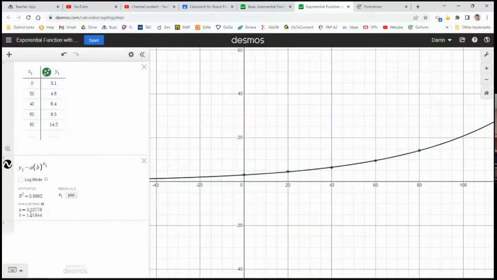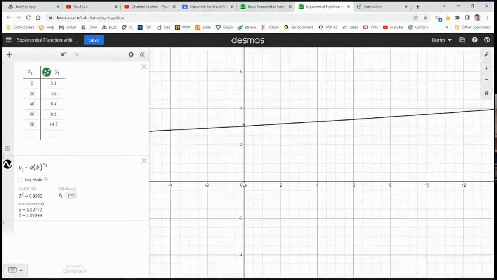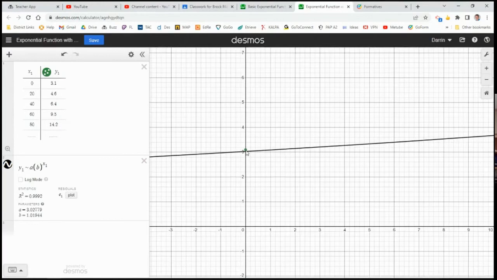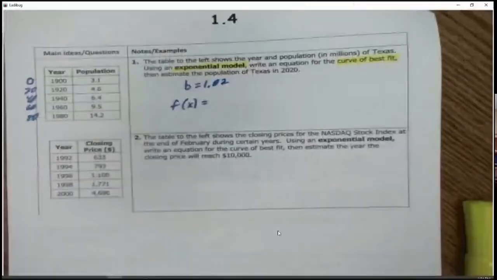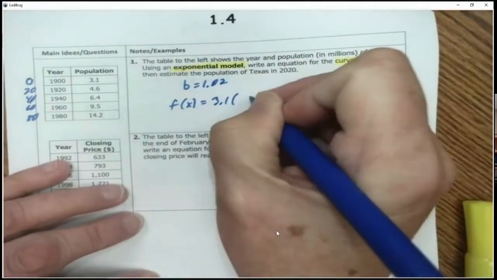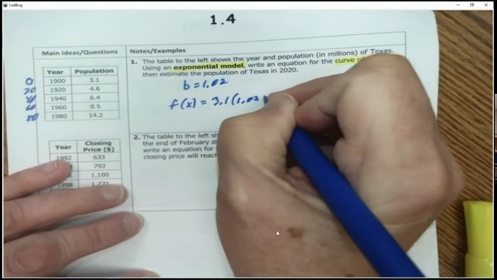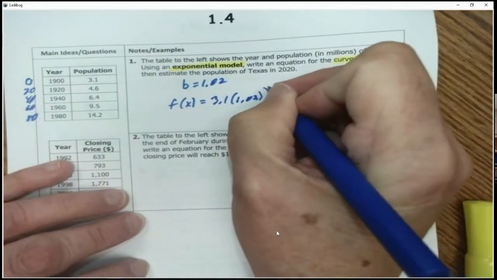It has 3.03, so it's a little bit smaller than what our actual value is. See, it's a little off if we zoom in, because we know that's the actual starting point. So we'll go ahead and use the 3.1 since we know for sure that that is the starting point. So 3.1 and 1.02 was the growth, to the power of x.